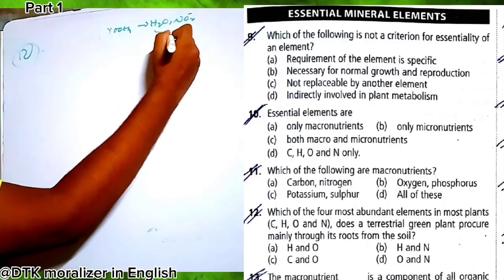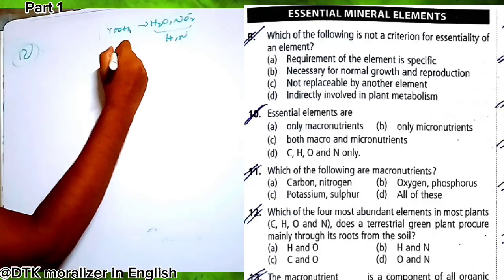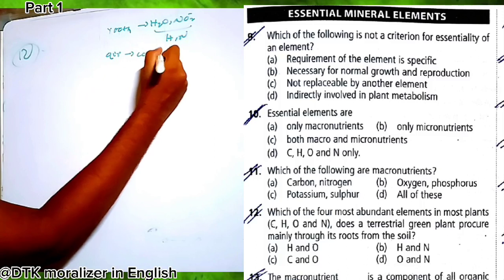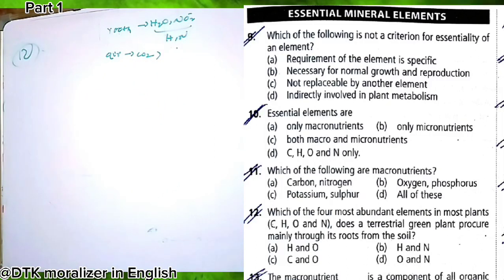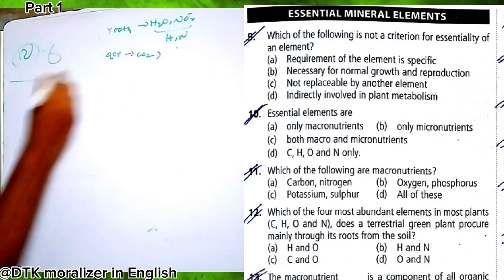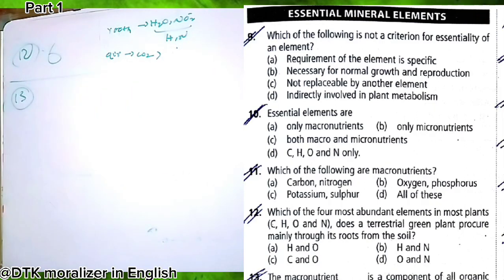So from roots, H2O and NO2 nitrogen compounds are absorbed. From the air, CO2 is absorbed. So for question number 12, option B would be right. As you can see, option B.